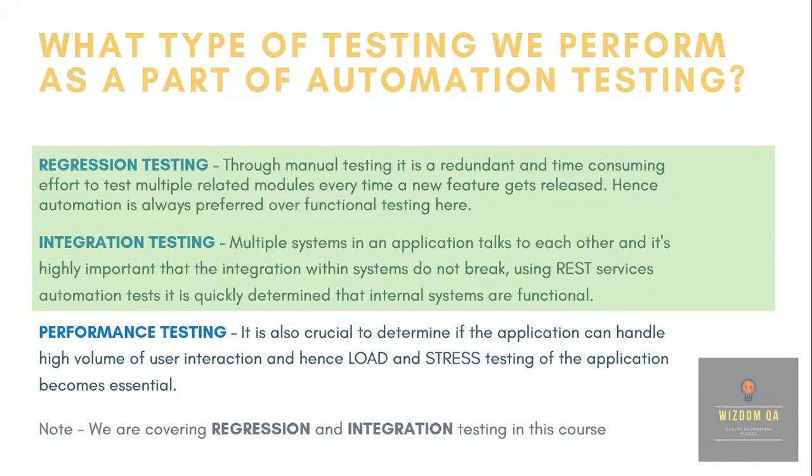Nowadays, all web applications are mobile friendly, so you need to check that your application is working fine in a desktop browser or on a mobile. As a manual tester, testing thoroughly on all devices and all browsers with different sets of data becomes practically impossible in today's world. And that's where automation testing comes into place, right? So regression testing is what we target as a part of automation testing.